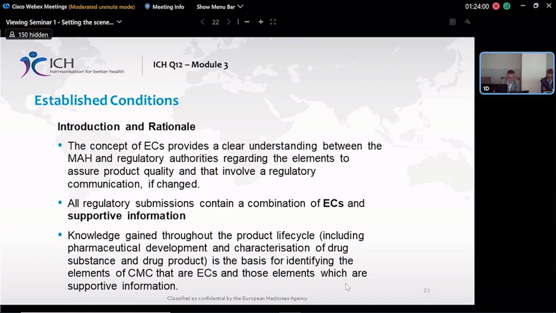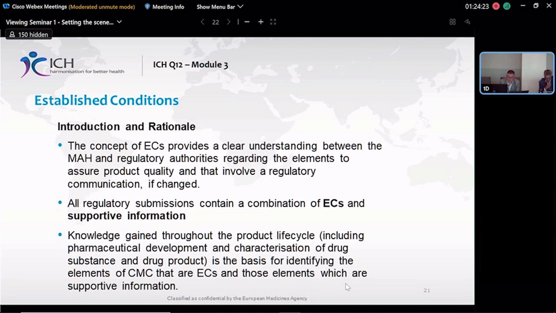But the analytical method validation data in the dossier, which they have submitted to demonstrate that this analytical procedure is valid and works correctly, this is supportive information. So they submit their validation report. This document is in the dossier.